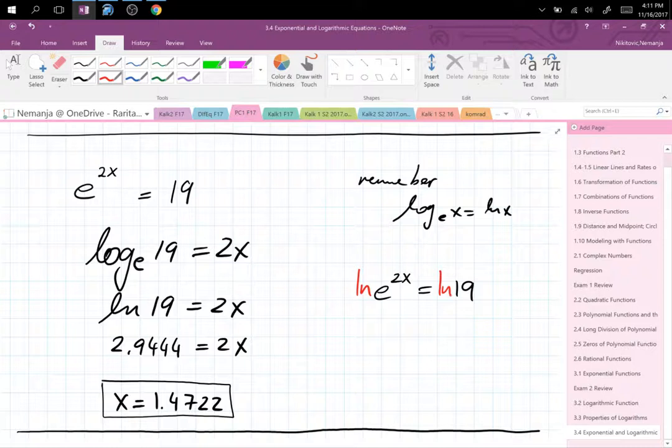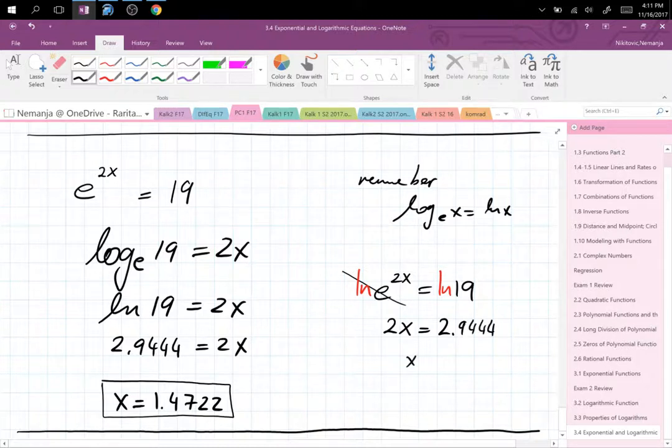And now on the left-hand side, they cancel because they're inverses of each other, and you are left with 2x. On the right-hand side, you have ln 19, which is 2.9444. And then immediately x equals 1.4722. So the notion of ln both sides is to actually cancel out e.